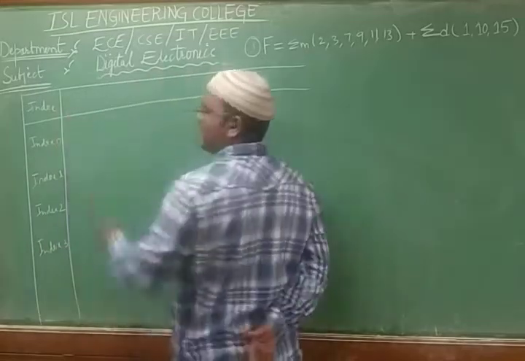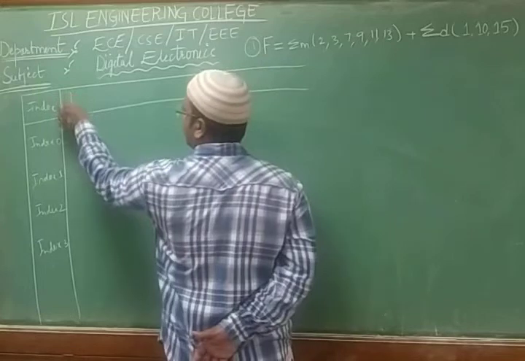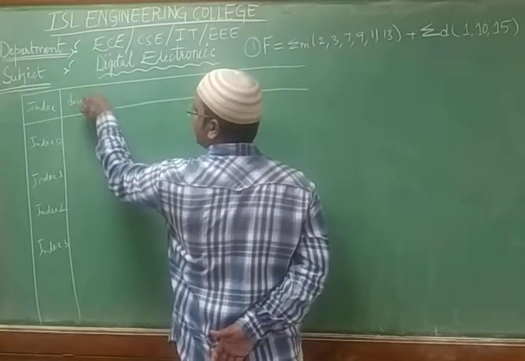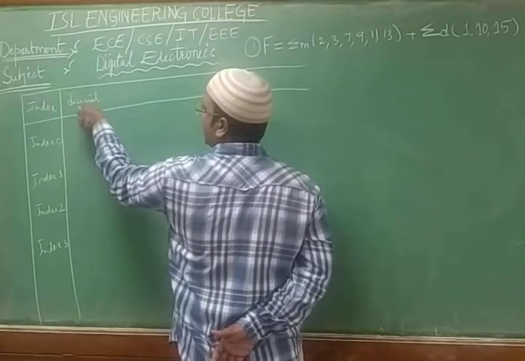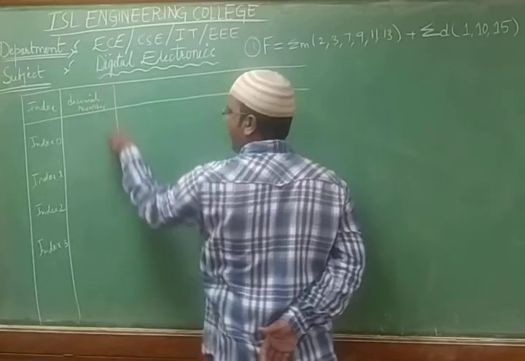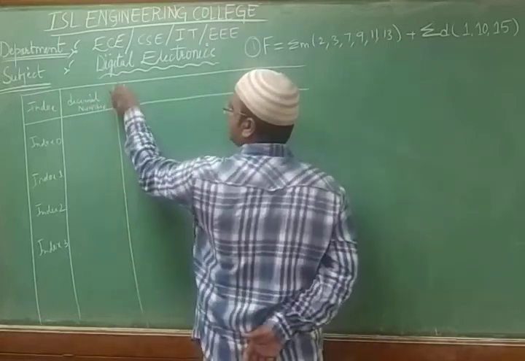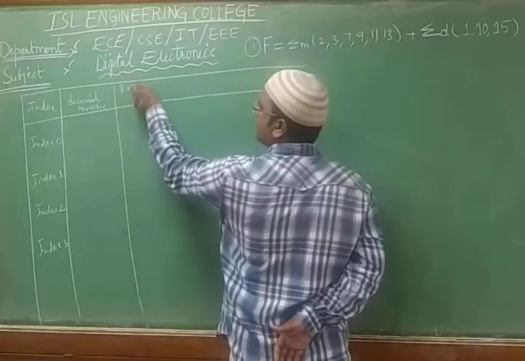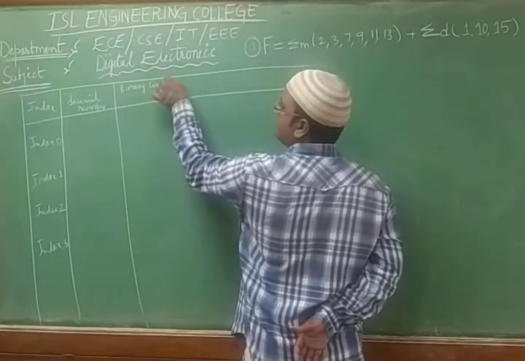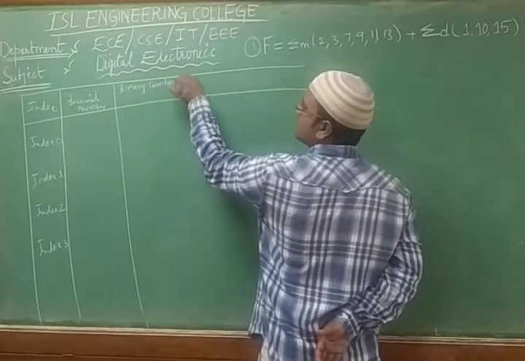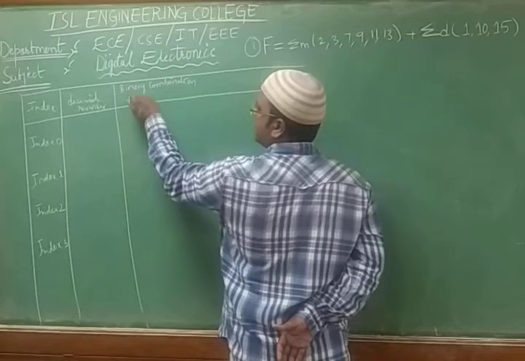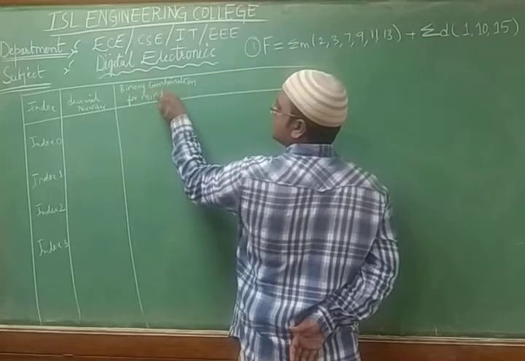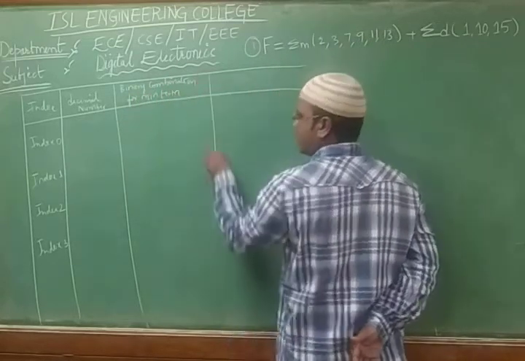After the index, we'll write the decimal number. Since they gave decimal numbers in the question, we write the decimal number. Then its binary combination for the min terms and don't cares.